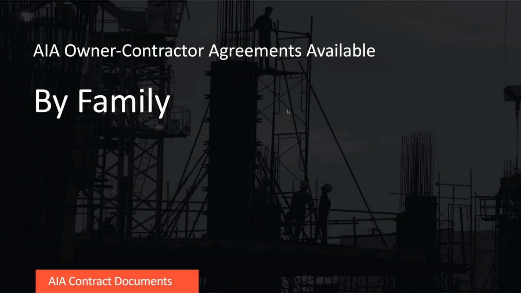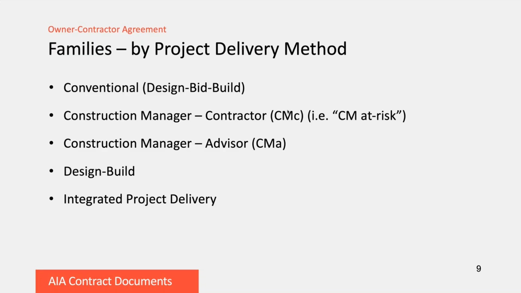So there are, as we mentioned, several owner-contractor agreements available. So let's look at them by family first. There's the conventional one, the design-bid-build, the usual, the very common hard bid process. Then there are two that deal with the construction manager scenario.